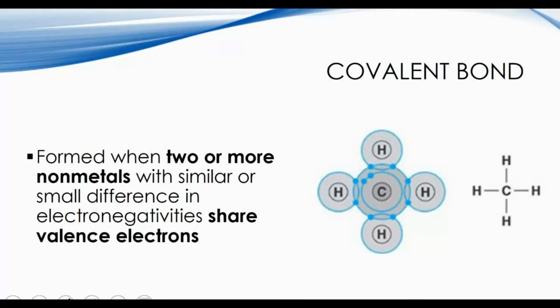Because we're talking about nonmetals that have very similar electronegativities, one is not going to truly outweigh the other. So those electrons don't really have a preference for one atom or the other. What results is sharing electrons, and that is a property that we associate with covalent bonds.